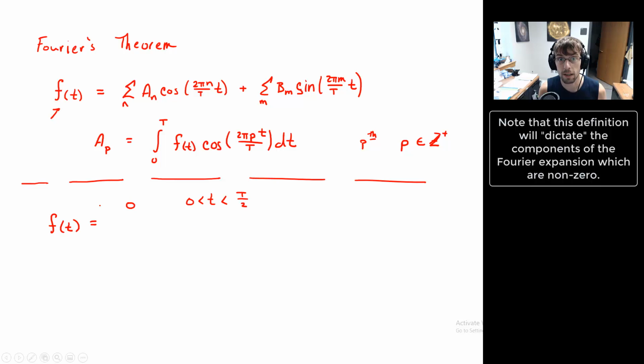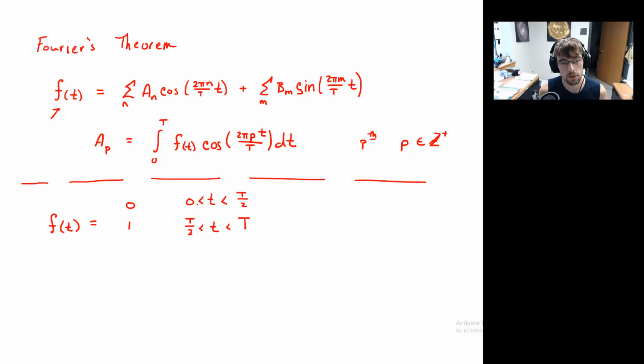So half the time it's just 0, and then the rest of the time, for simplicity, I'll just say 1, from T over 2 to T. I guess I need to have some sort of greater than or equal to symbol in here somewhere. Okay. So this is the function I'm going to consider.